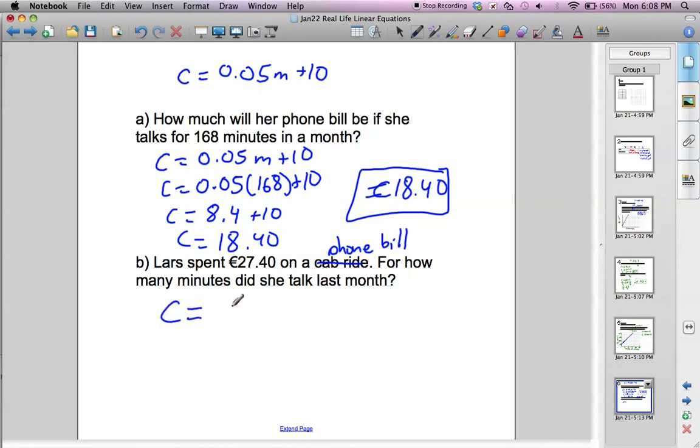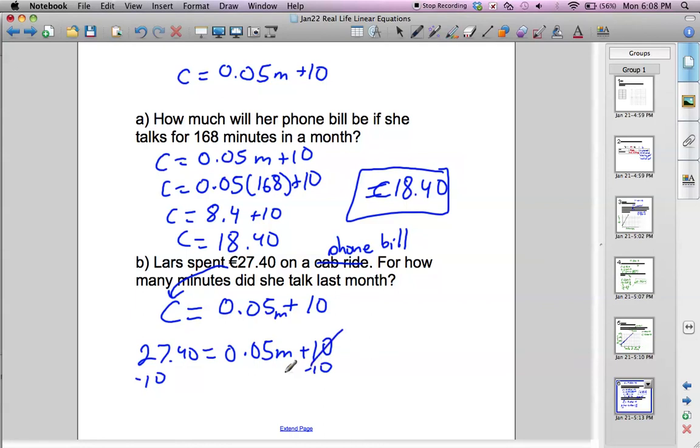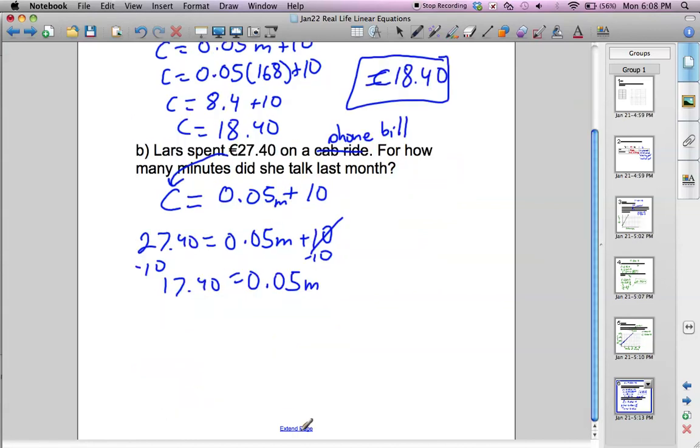Okay, so let's take a look at the cost. Cost equals 0.05 times m plus 10. So in this case, we've got the cost of the phone bill, so we put that in here for C. So we're going to have 27.40 equals 0.05 times the number of minutes plus 10. Then we're going to subtract 10 from both sides to solve the equation. 17.40 equals 0.05 m.